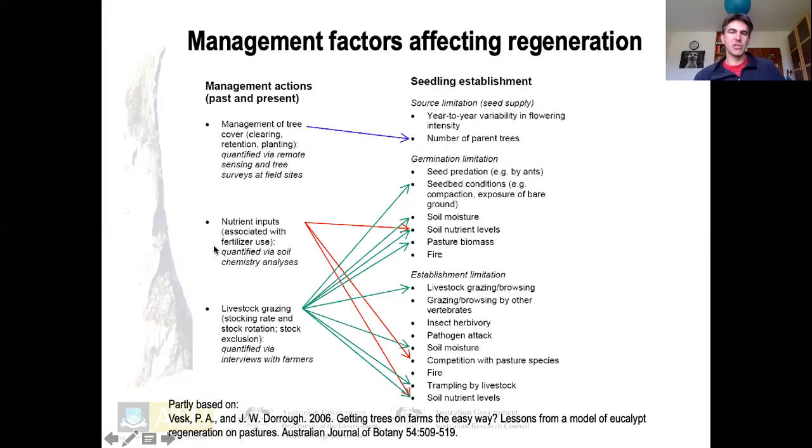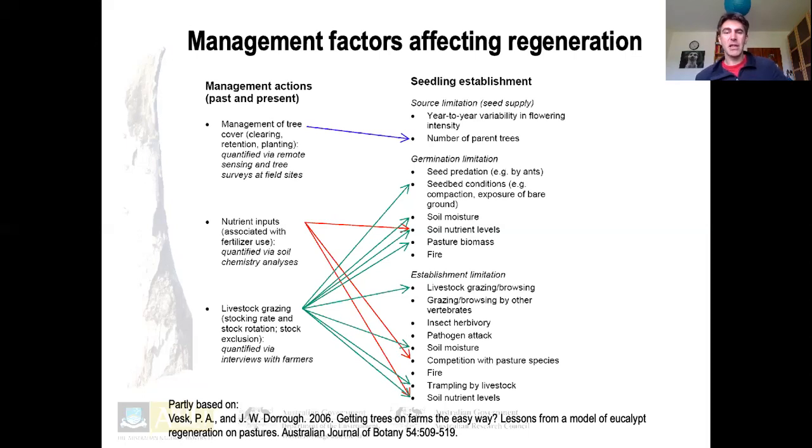Then nutrient inputs have been really problematic in many ways, because if you have very high soil nutrient levels in an area that is naturally not used to having high nutrients, then actually the seedlings are outcompeted by introduced grasses and things like that, and they simply don't grow very well.